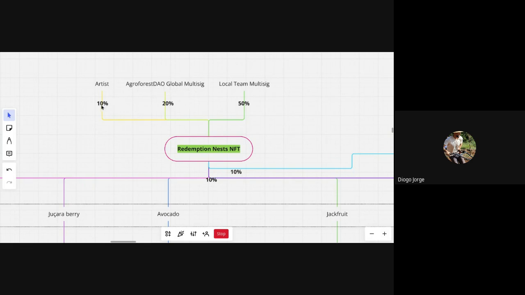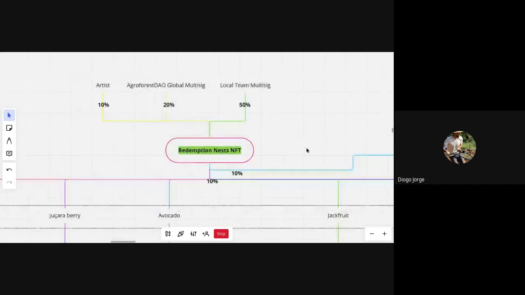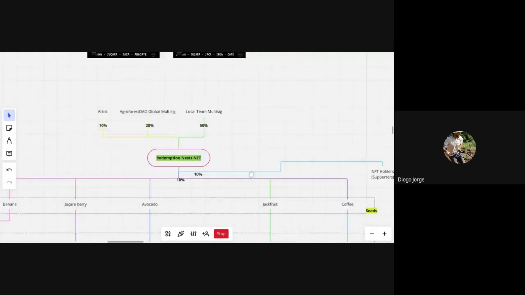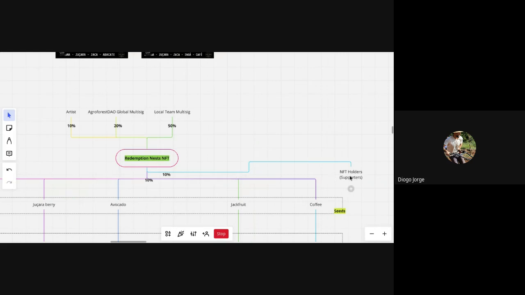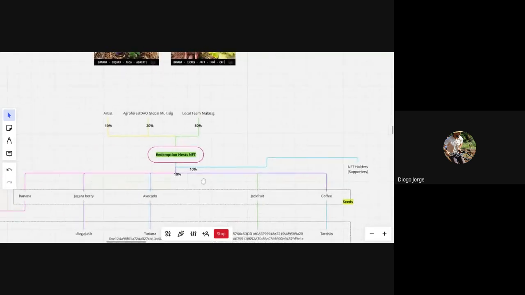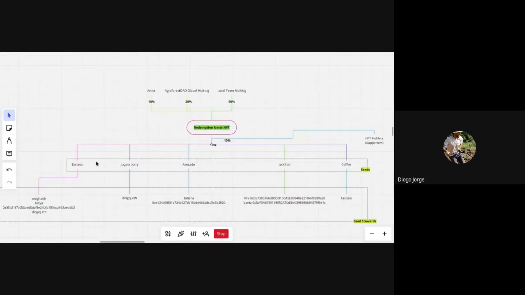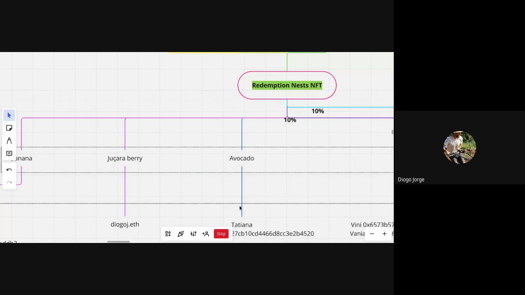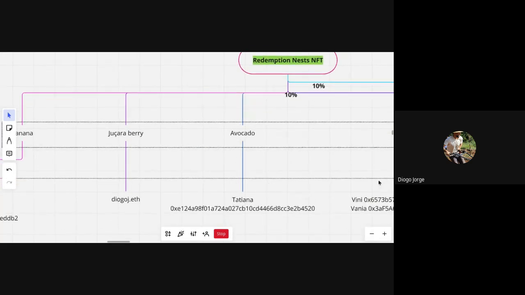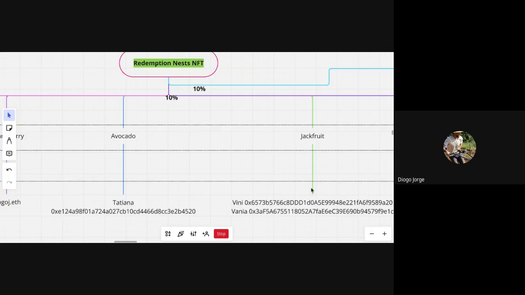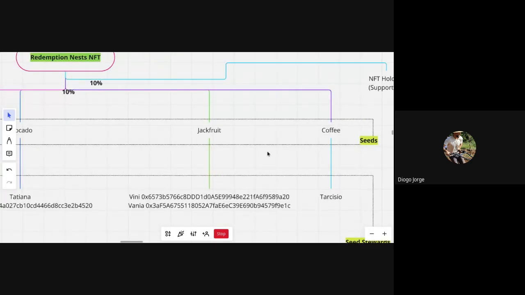In this case, 10% to the artists that created, and then there's 20% left that goes 10% to previous supporters that hold the NFTs of previous years, and 10% go to the seed providers, so folks that provided the bananas, for example, or the Jussara, or the avocado, jackfruit, coffee, and so on.